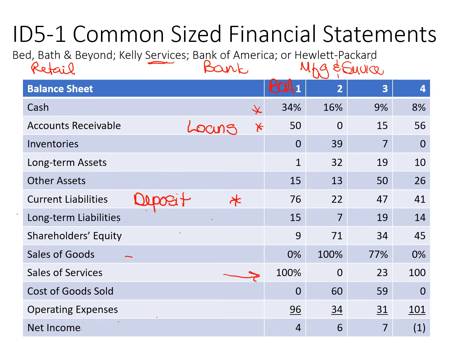Let's see about number 2. Number 2 has no accounts receivable whatsoever, but it has a lot of inventory. And it has cost of goods sold, so it sells products, because its sale is all about selling goods.